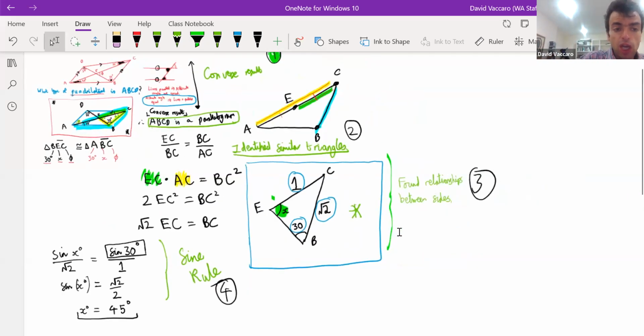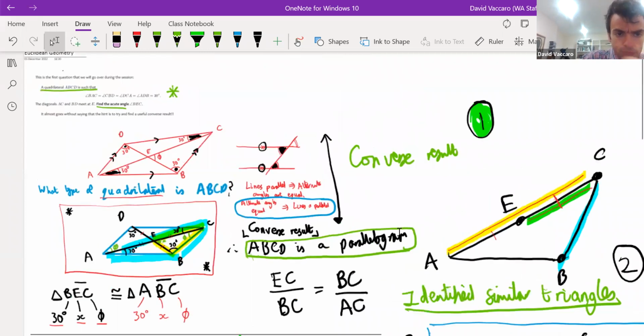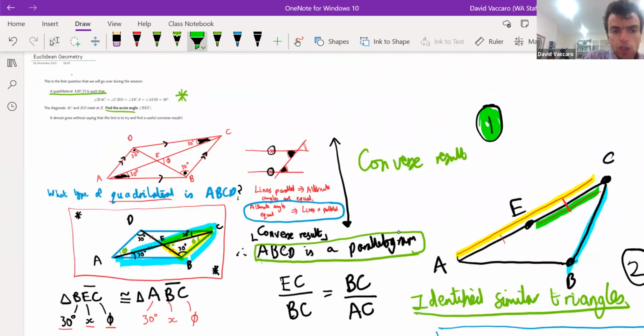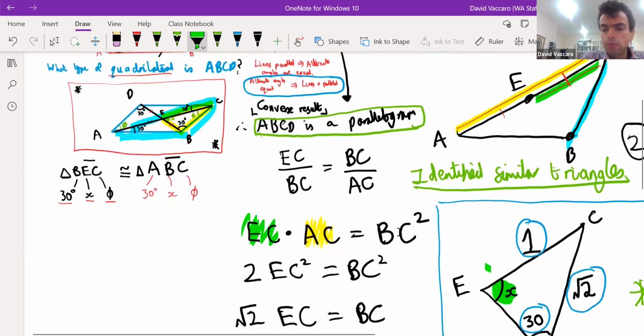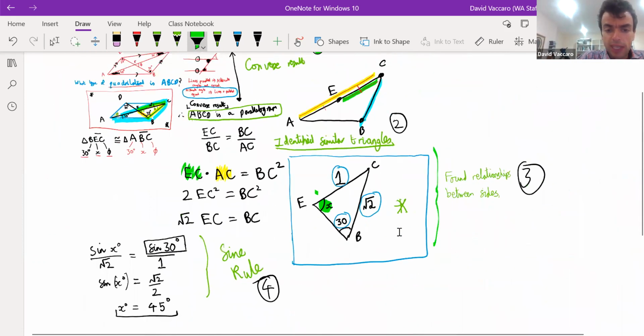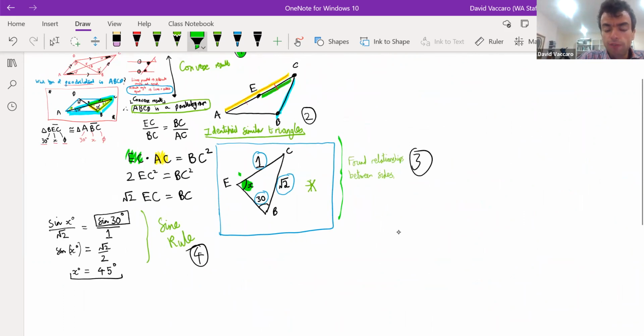Because to go from these angles to recognizing that something is a parallelogram is the biggest leap. Once it's a parallelogram, I would back strong candidates to identify the similar triangles, find the relationship between sides, and use the sine rule.